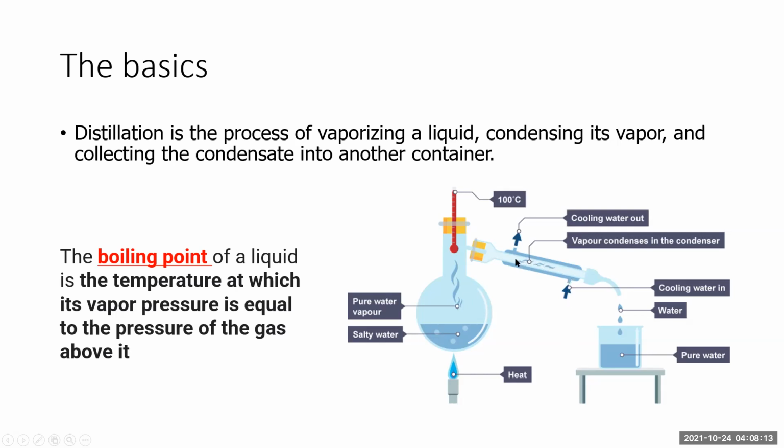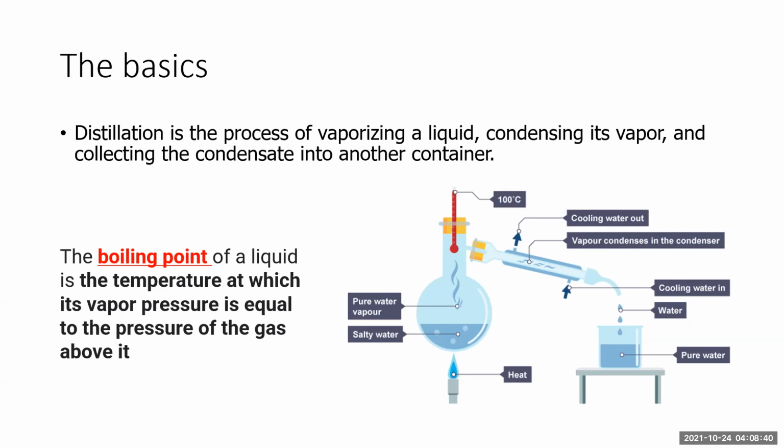It will go through the jacket, not touching the vapors that are inside the condenser, and then go out the top. And it'll keep this area nice and cool to be able to condense the vapors back into a liquid. And then the condenser and adapter will direct the liquid out into whatever container that you're collecting the condensate in.